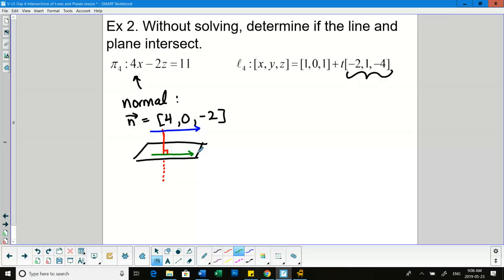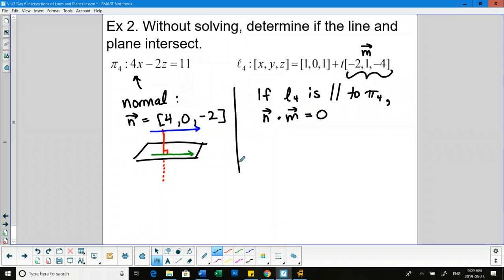That will basically just tell me whether I have one potential point of intersection or whether it's a parallel line. So if L4 is parallel to the plane, the normal, and maybe we can call this M for direction vector, dotted with M will equal 0.